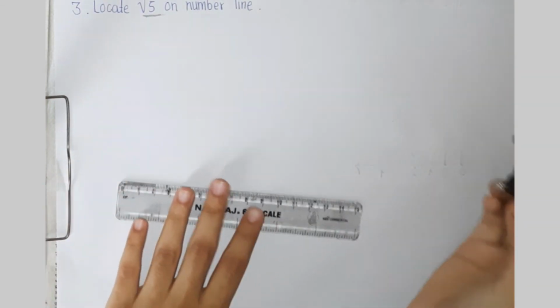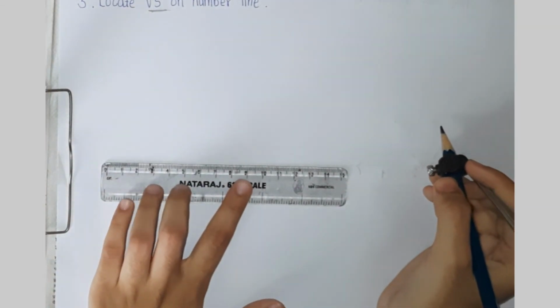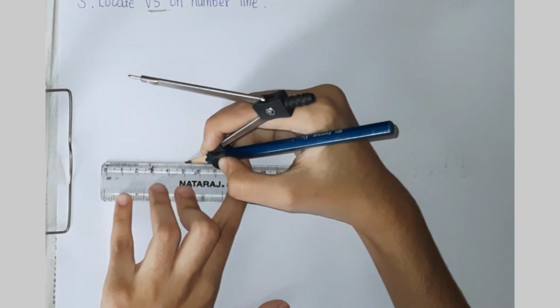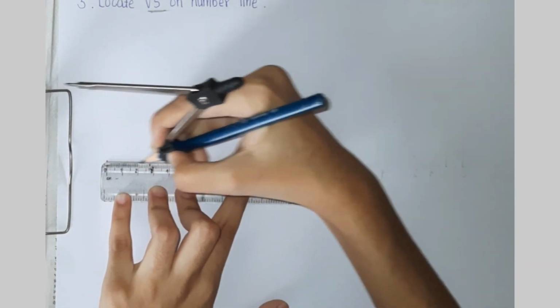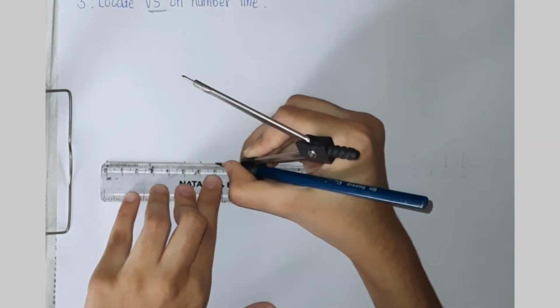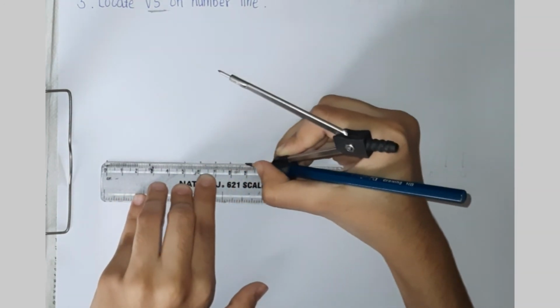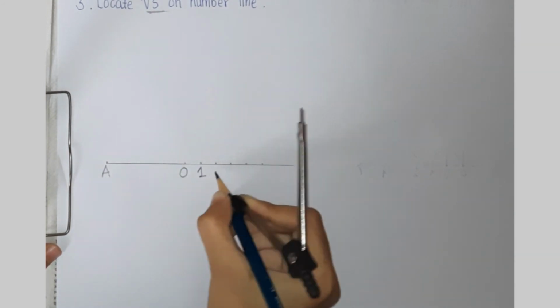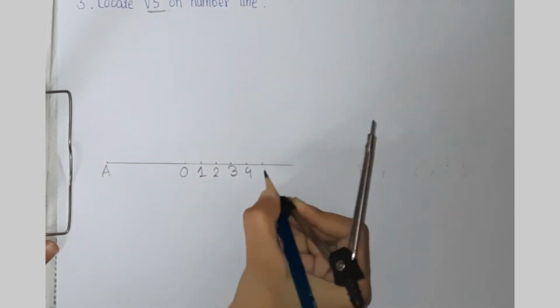So first we will take 5 centimeter distance from here till here. It will be 5 centimeter distance and here we will go on taking 1 centimeter distance. We'll name them here 0, 1, 2, 3, 4, 5.